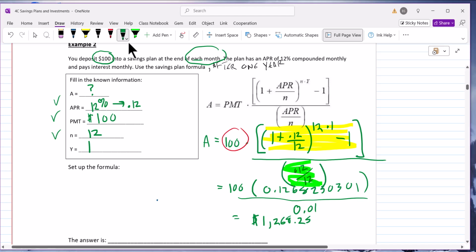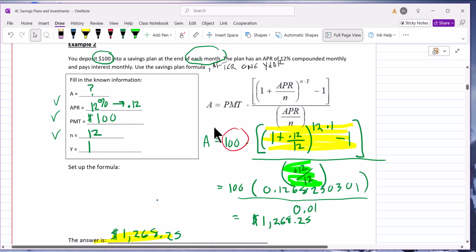Okay. So one of the things you got to be able to do, there's 2 things. You have to be able to get everything plugged into the formula correctly, but you also got to make sure that you know correctly how to use your calculator. And that sometimes is a hurdle you got to get past. Okay. All right.